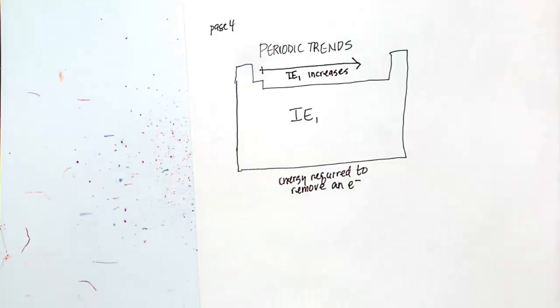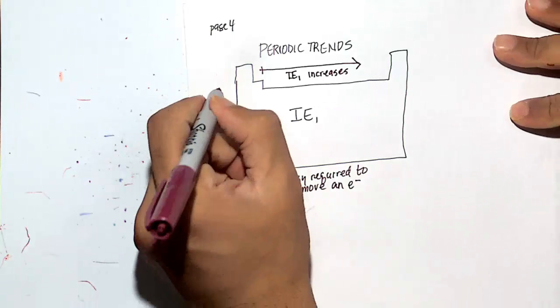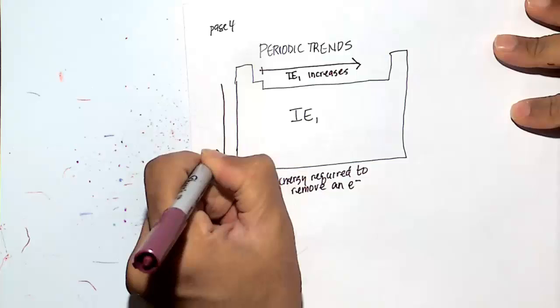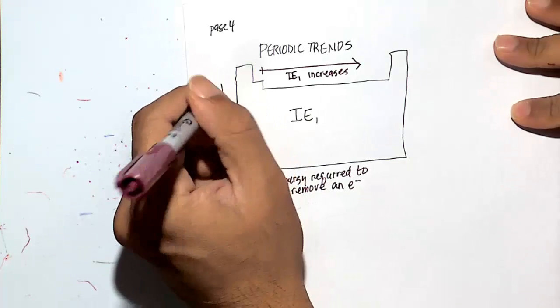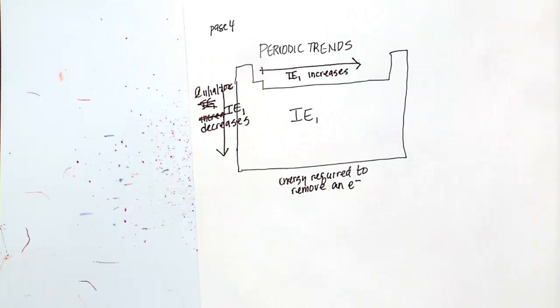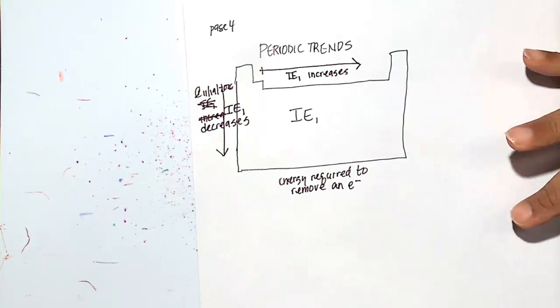They're not going to give up their electron. But the ionization energy decreases as you go down a group. Outer, outer, outer: it's easier to kick out an electron that's way out there. So that's one trend.